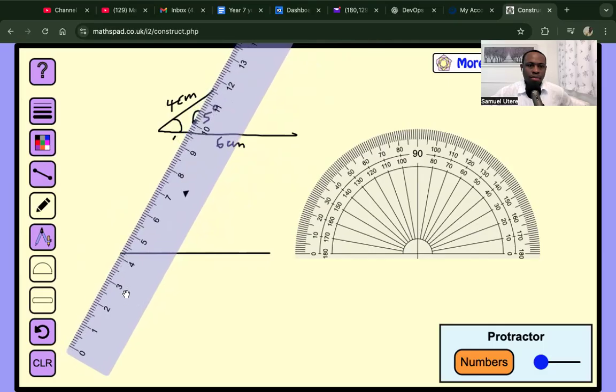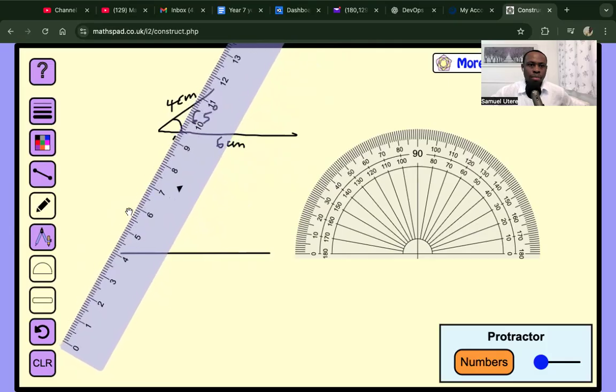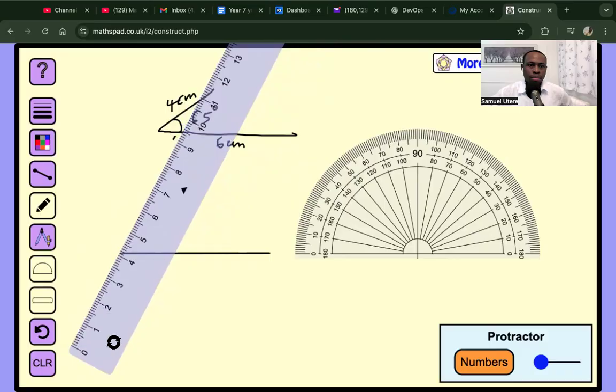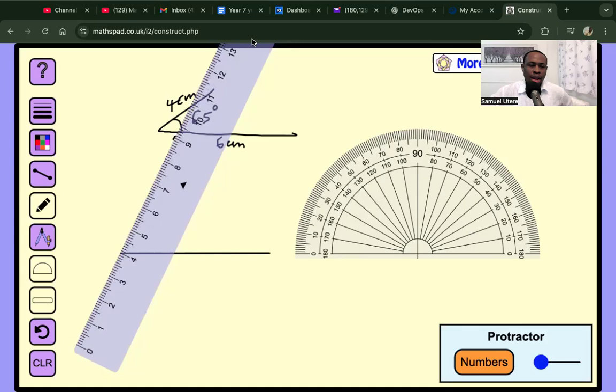I'm going to have to move that a little bit. Now I want to draw 4 centimeters, and even though I have not put the ruler at 0, I will still be able to draw 4 centimeters that lines up well with that point.